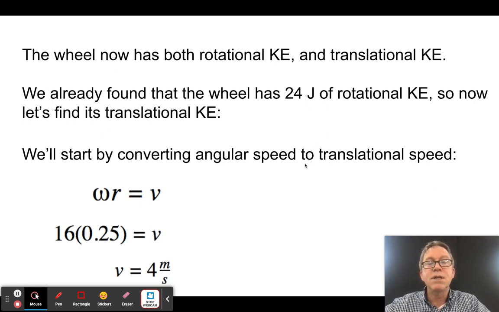Now I want to know what its translational kinetic energy is, 1 half mv squared. But before I can do that, I've got to know what v is. So that's why we have to memorize that theta times r equals x, omega times r equals v, and alpha times r equals a. In this case, omega times r equals v. So therefore, v is 4 meters per second.